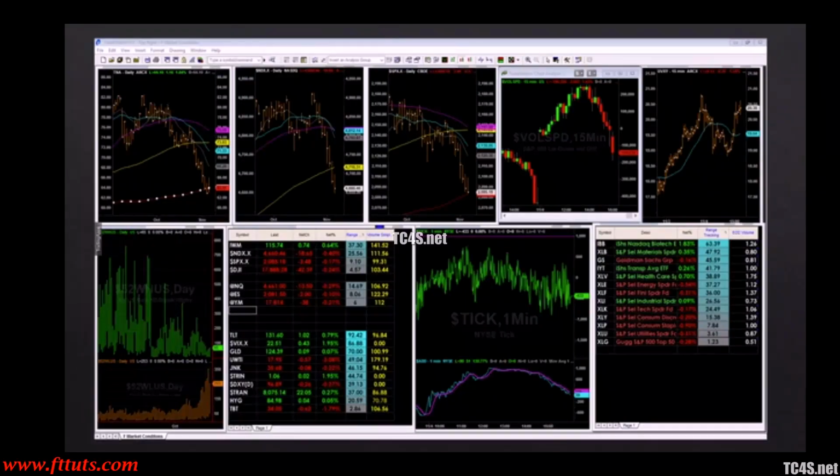You can set it up on your platform, simply putting up the advancers minus the decliners on whatever your platform is. You'll have to call your platform provider and ask them what the symbol is if they can do it. And then put a moving average on it and simply say to yourself, if it's above and it's climbing the hill, I know there's more stocks ticking up than ticking down.